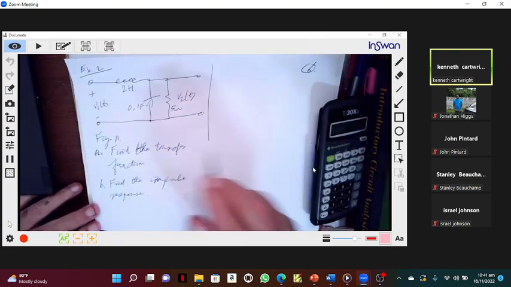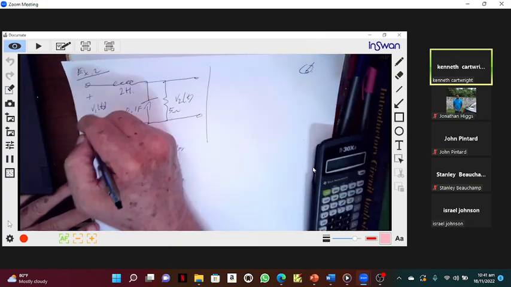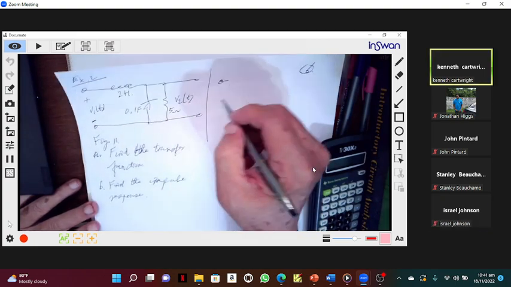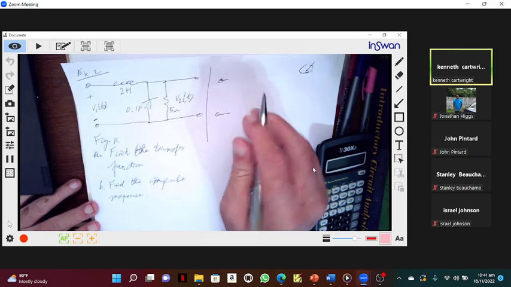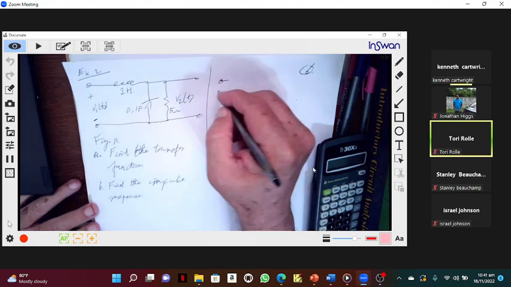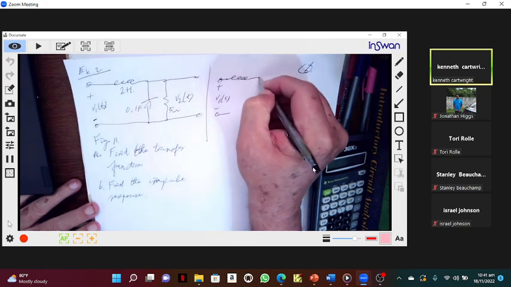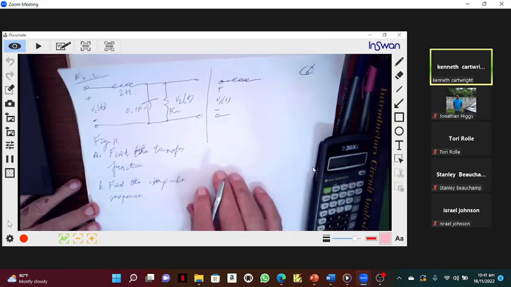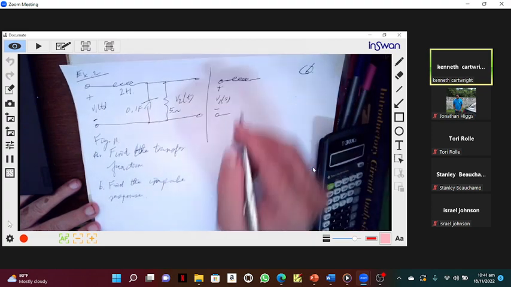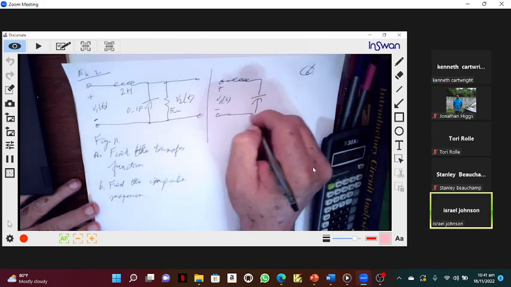V1 of t becomes what? V1 of S. All right. And the inductor becomes what? Could we use the same formula but just change the C with L?